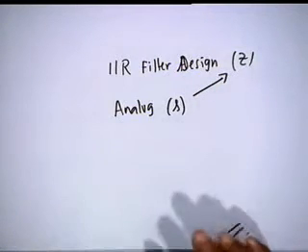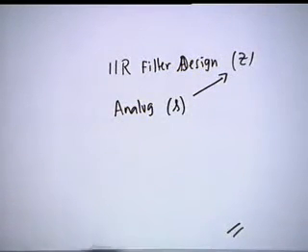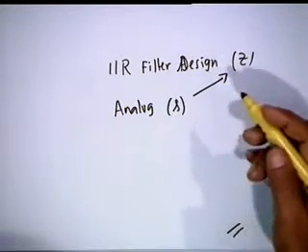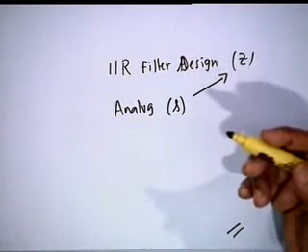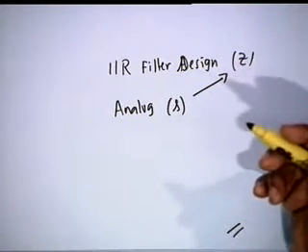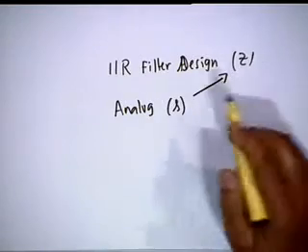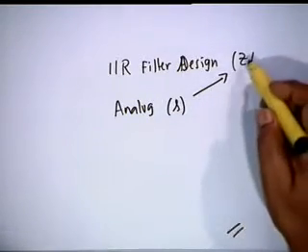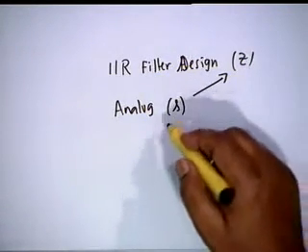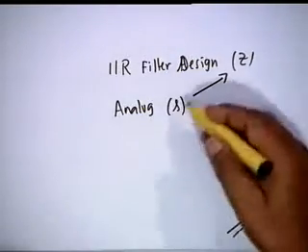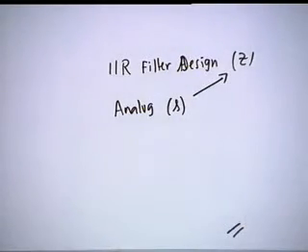The procedure is like this. In the first step, we get the specifications of IIR filter. You have to convert this into digital normalized frequency specs. You convert them to an analog filter design specs, design the analog filter, and then go back to the Z plane through the S to Z transformation.